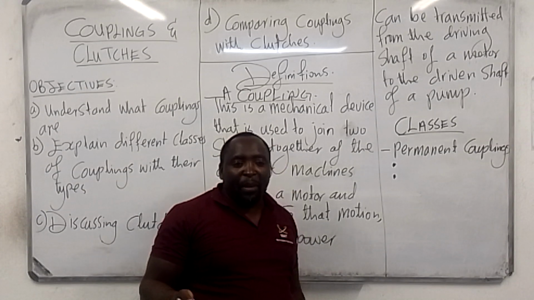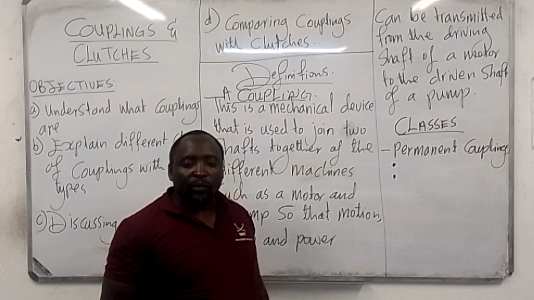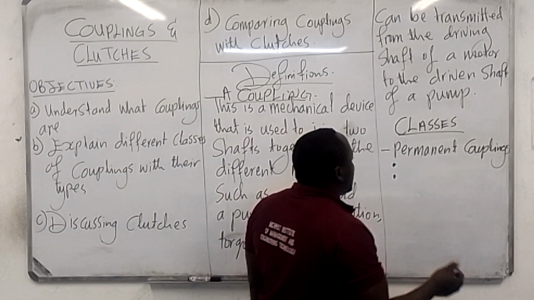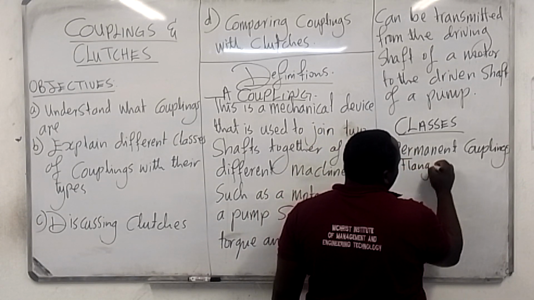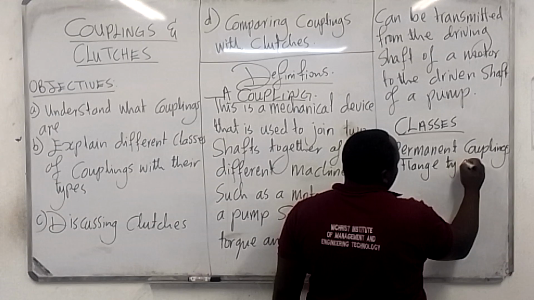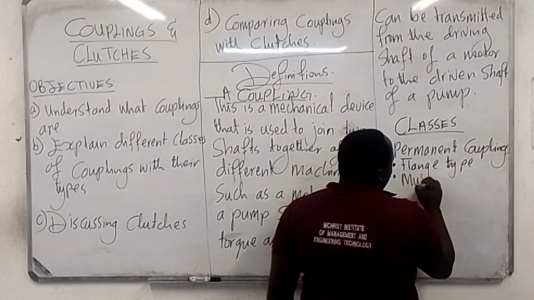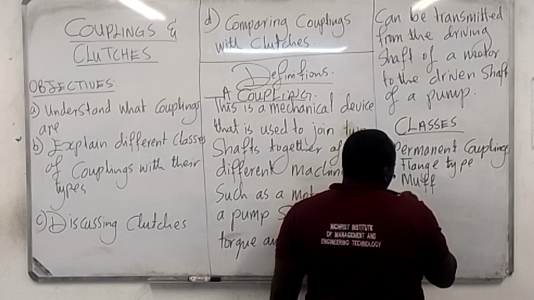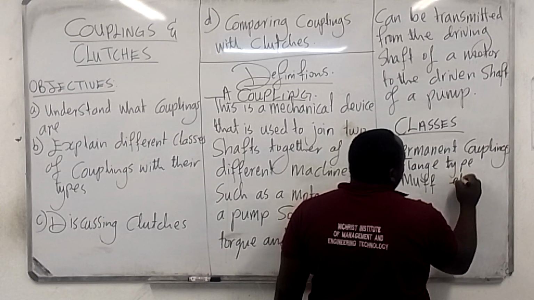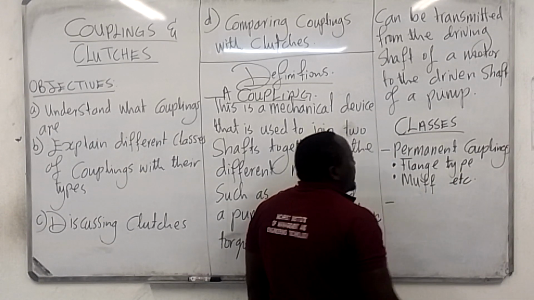What are the examples of permanent? A muff or split sleeve. So we have got the flange type. We have got the muff. Split sleeve. Okay, I will not mention everything because you've got them.